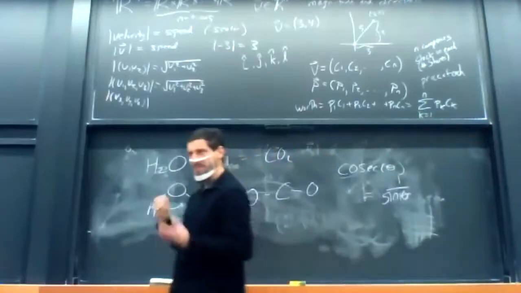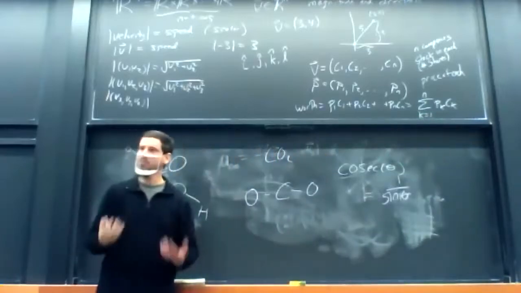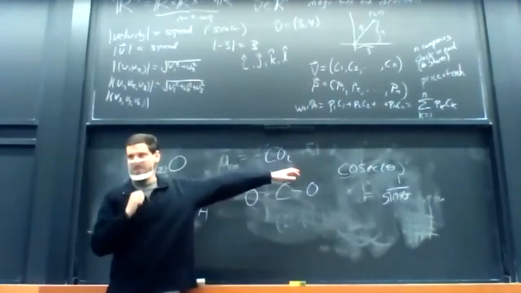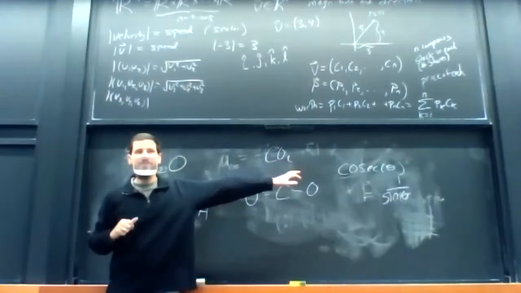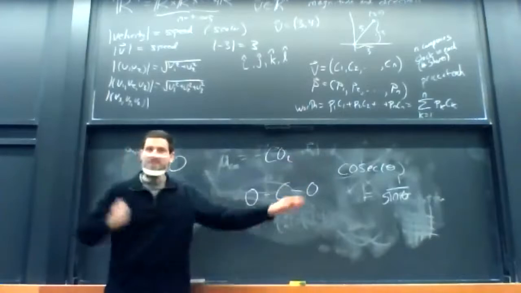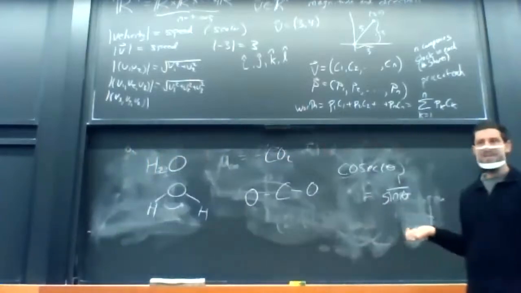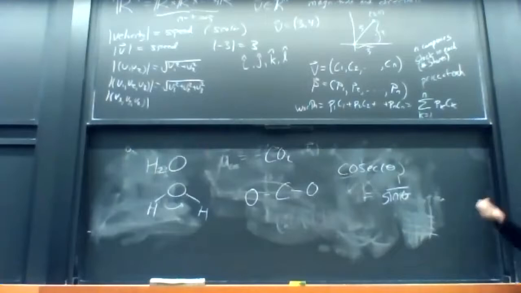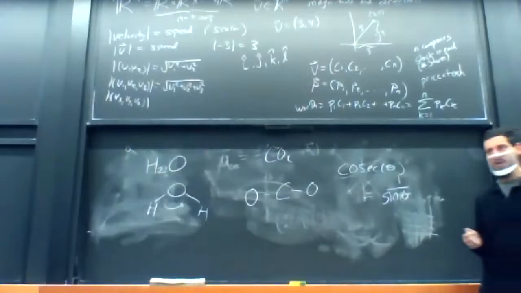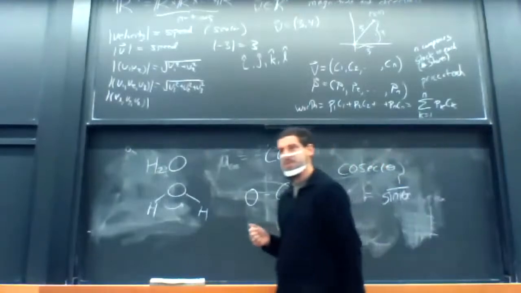It's not in my top 10, but if I could change things in the world, this is on the list. What would you define cosecant to be? I would define it to be one over cosine as well. I would have the cosine and the cosecant go together and the sine and the secant go together. You have to be careful about notation.